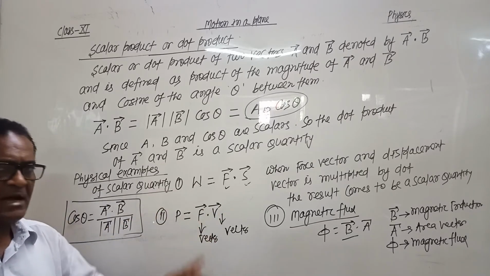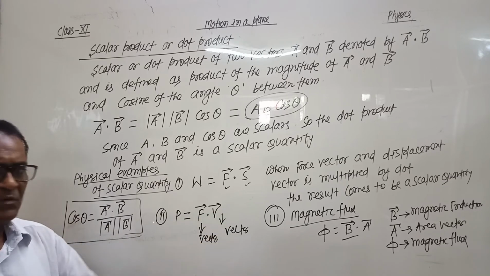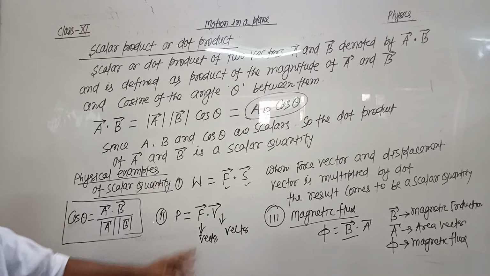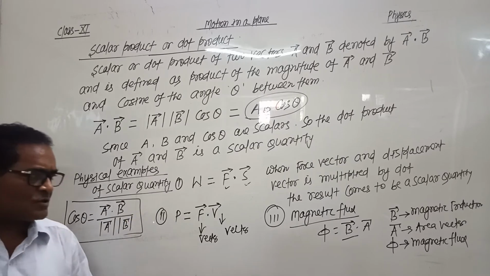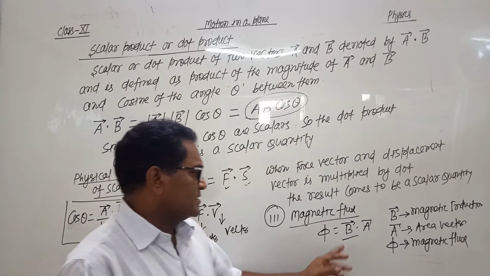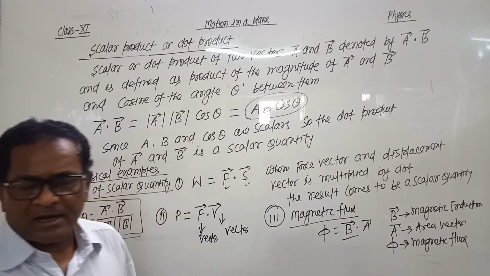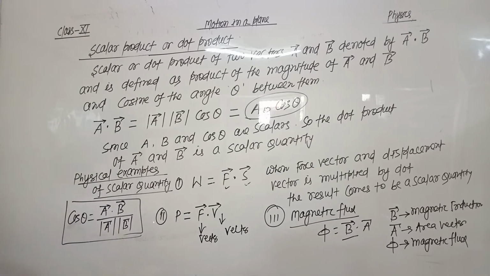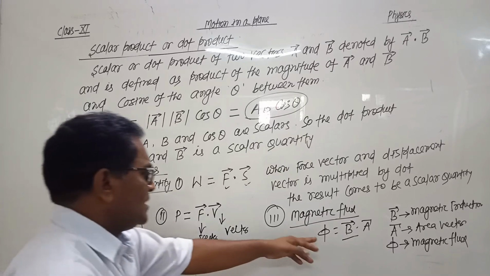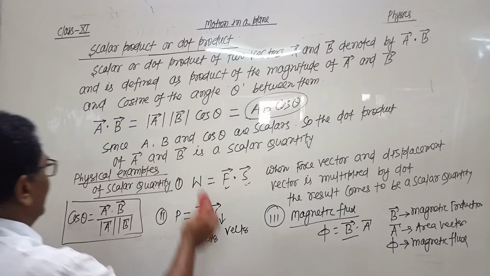This is the second example: when two vector quantities, force and velocity, are multiplied by dot, the result comes to be a scalar. This is the third example: when two vector quantities, magnetic field and area vector, are multiplied by dot, the result again comes to be a scalar quantity.